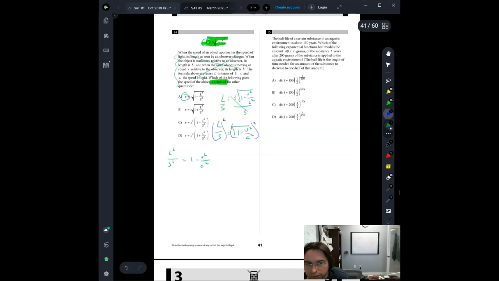So now we need to subtract the 1. I'm going to subtract the 1 over here. Now what I'm going to have is L squared over S squared minus 1 equals negative V squared over C squared. However, I have a negative now, so I want to divide by negative 1 over here, and the same thing here.